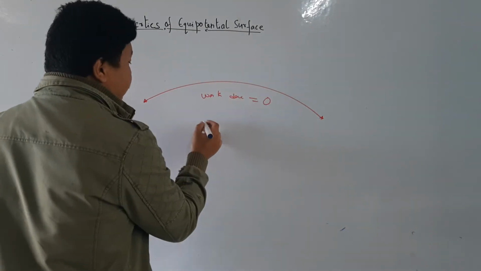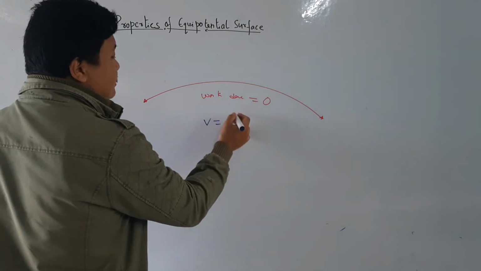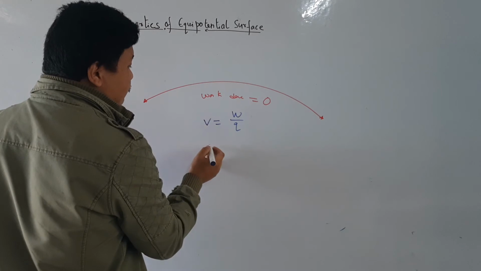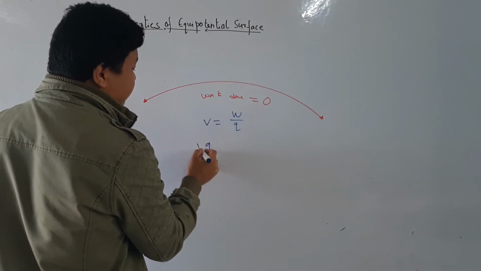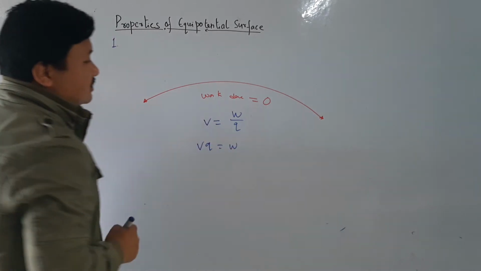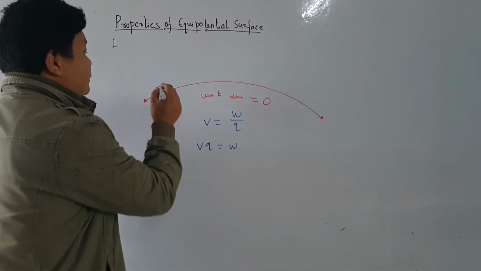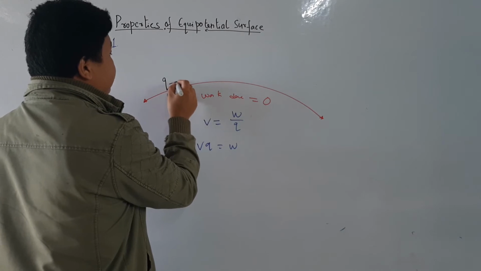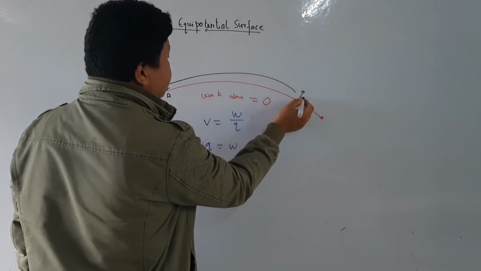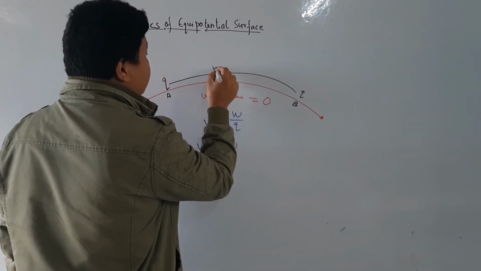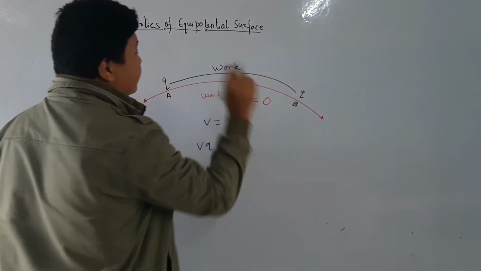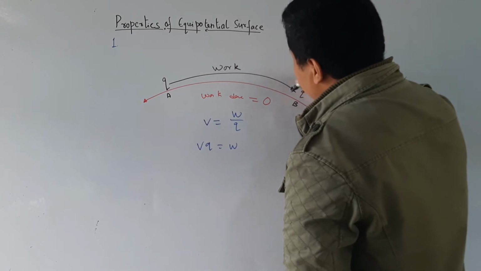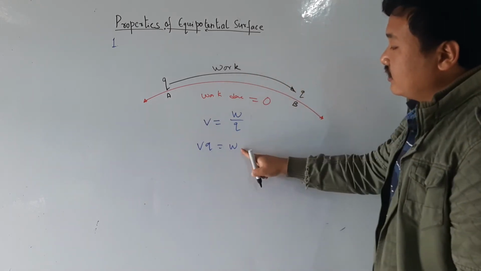You know that electric potential V is equal to work done per unit charge, so work done is equal to VQ. Now let us move this charge Q from point A to point B, and you are doing work.